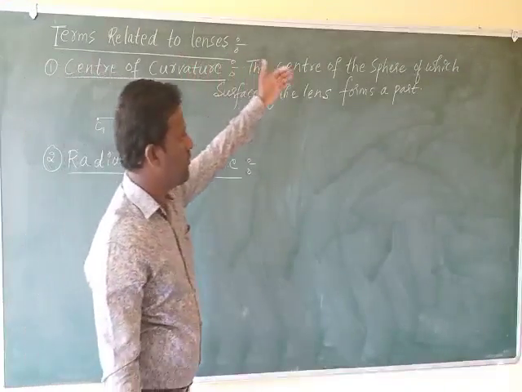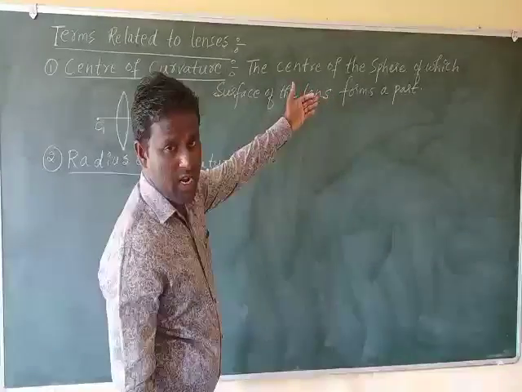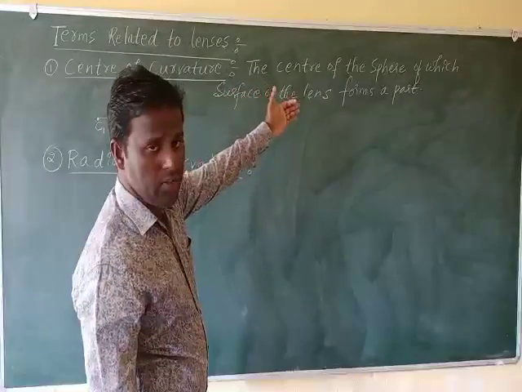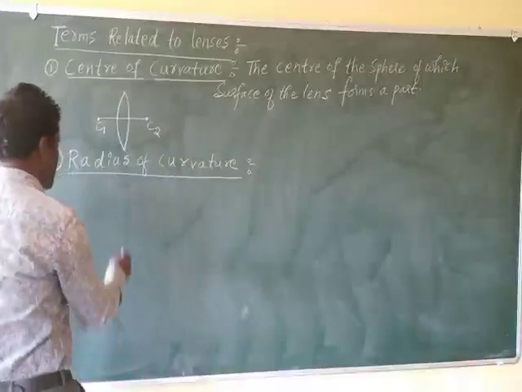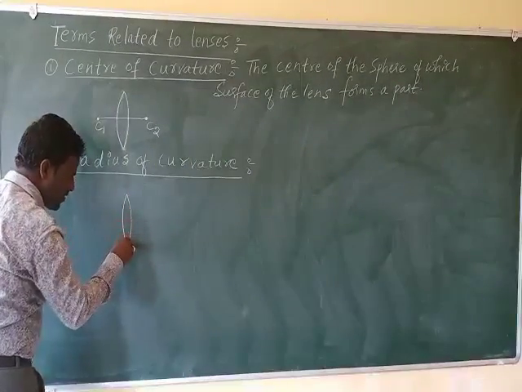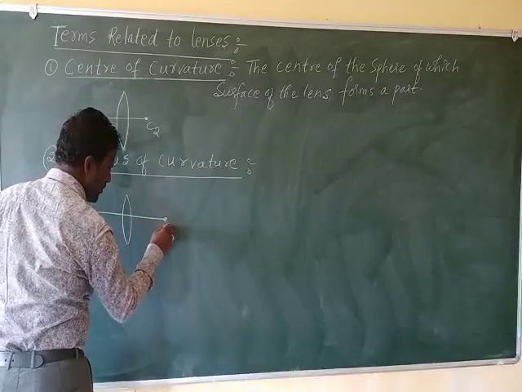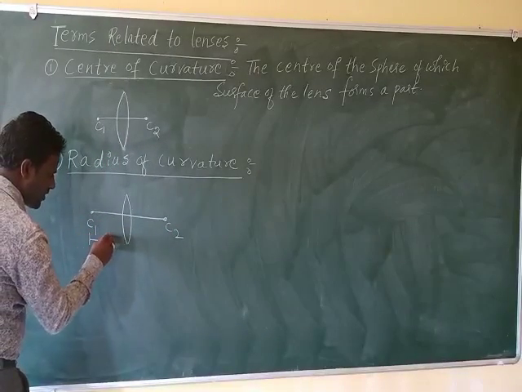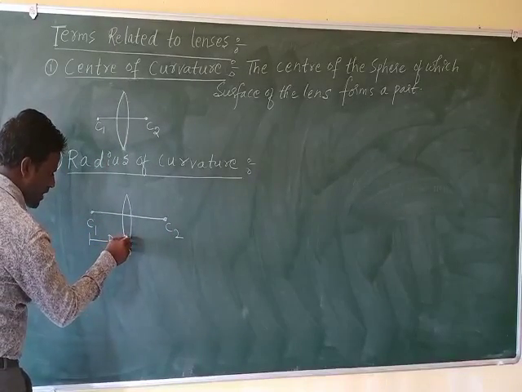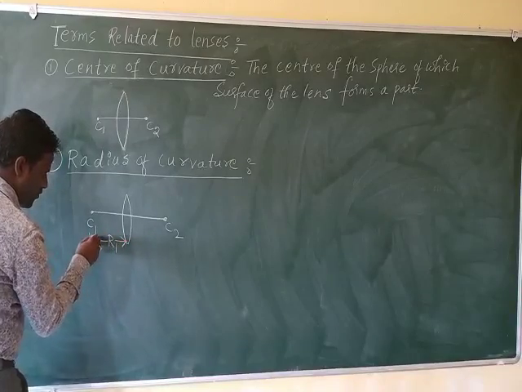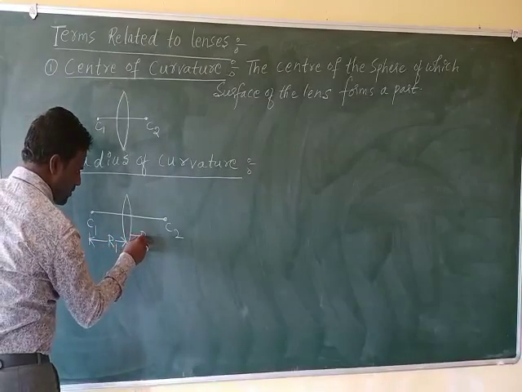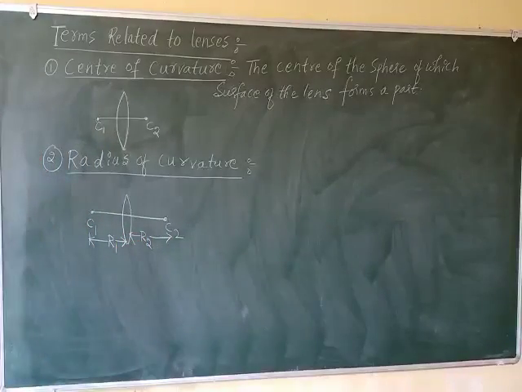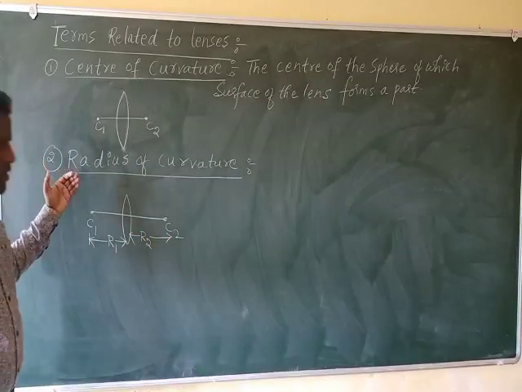The radius of the sphere of which the surface of the lens forms a part. See, if this is the convex lens, this is C2 and this is C1. Here the distance from the lens to C1 is R1, the first radius of curvature. From the lens to C2 is R2, the second radius of curvature. So what is the radius of curvature?